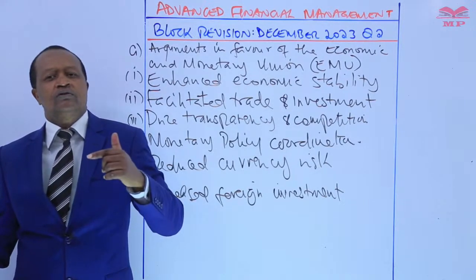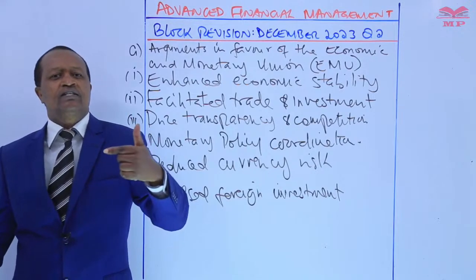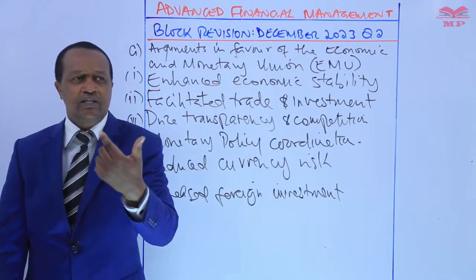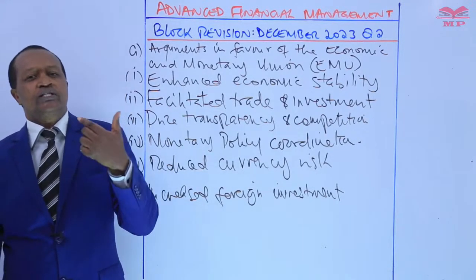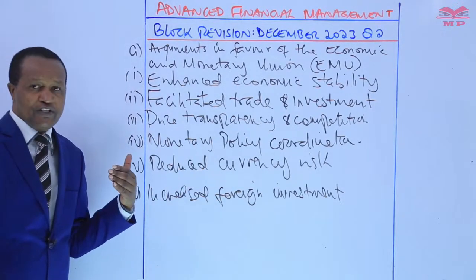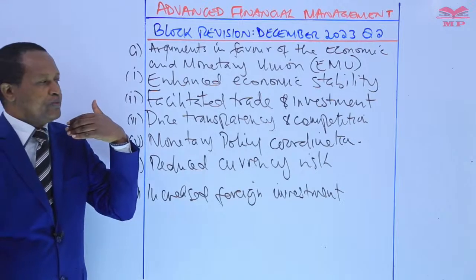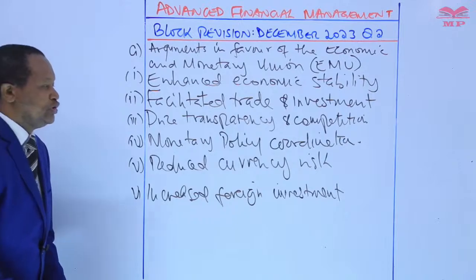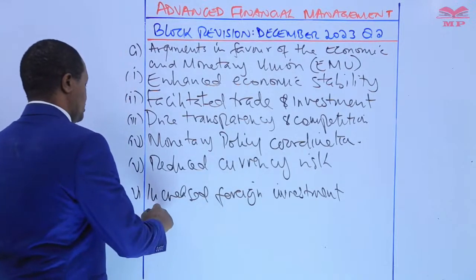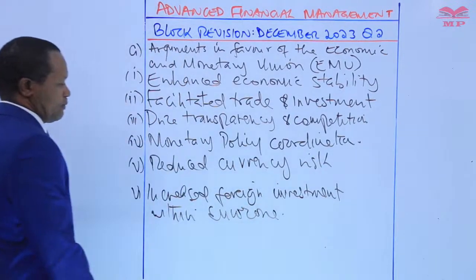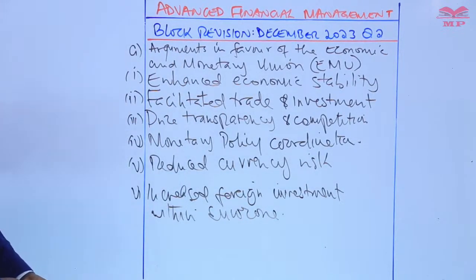And therefore, foreign investors may find the Eurozone more attractive due to reduced currency risk, due to enhanced economic stability, due to increased market access, and so on. So there is the inflow of foreign investment that can contribute to economic growth and job creation within the Eurozone. So these are 6 arguments in favor of economic and monetary union.